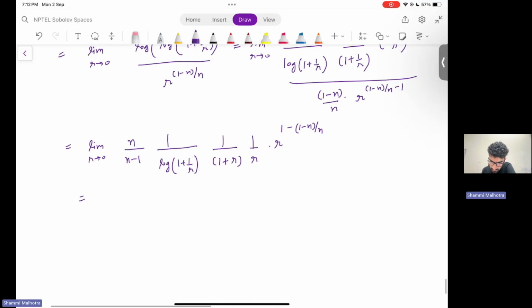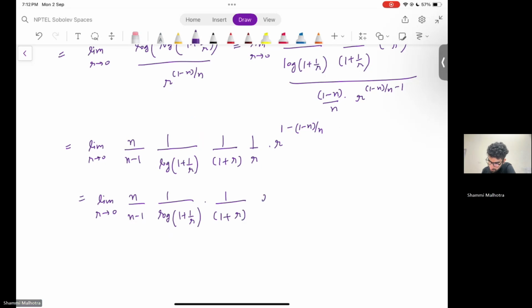This is nothing but limit as r tending towards 0 of n upon n minus 1, 1 upon log of 1 plus 1 upon r, 1 upon 1 plus r is power of n minus 1 whole divided by n.